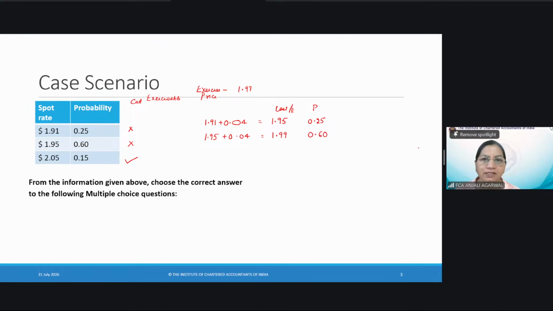And in the third case, it will cost me 1.97 together with a premium of 0.04, which means 2.01, and this has a probability of 0.15.